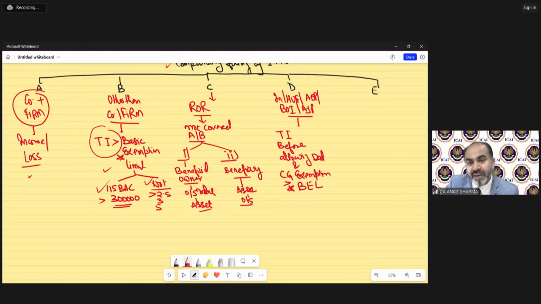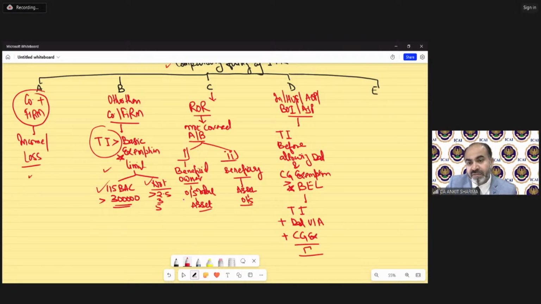So technically we can say that, as the provision says, whatever is your total income, add back the deduction under chapter 6A and add the capital gain exemption, that is section 54, 54B, 54D, 54EC, 54F.